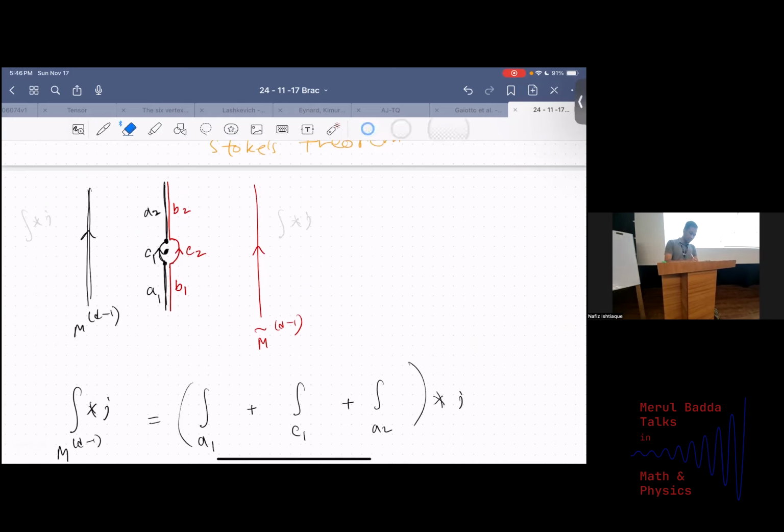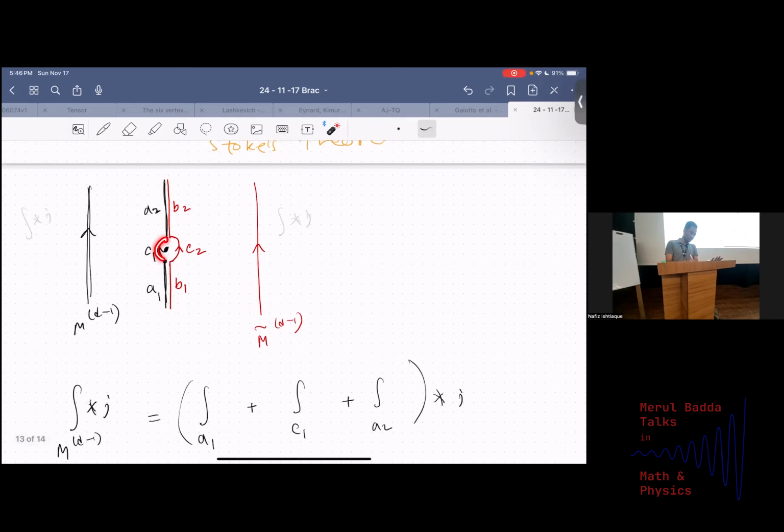Now, you can imagine that I can bring these two lines arbitrarily close, and similarly, I can bring these two lines arbitrarily close. So at the end of the day, the integrals over A1 and B1 are going to be the same, and the integrals over A2 and B2 are going to be the same. So what I'm left with is the difference between the integral over this and the integral over this. When you're taking the difference between integrals over two lines, that just means that you can take the sum by reversing the orientation for one of the segments, right?